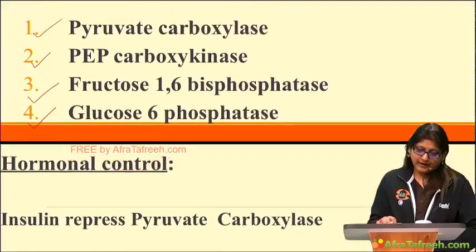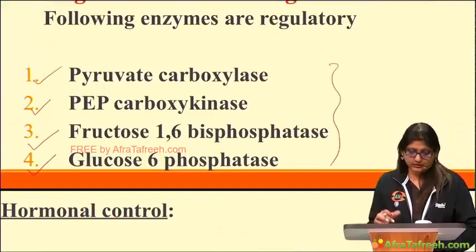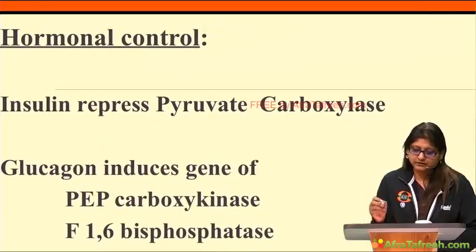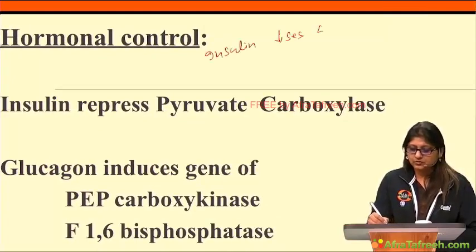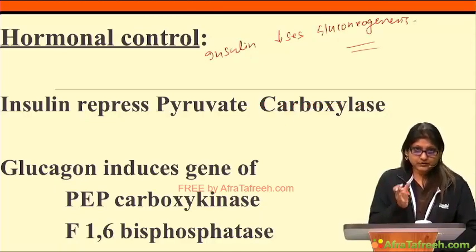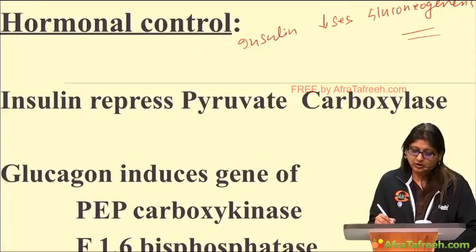Right. And now if we are talking about these enzymes' regulation, something very important comes up, and that is the role of insulin. Logically, you understand that insulin reduces gluconeogenesis, right? Insulin doesn't allow the gluconeogenesis to happen. This is doing so via its impact on the gene of pyruvate carboxylase enzyme.